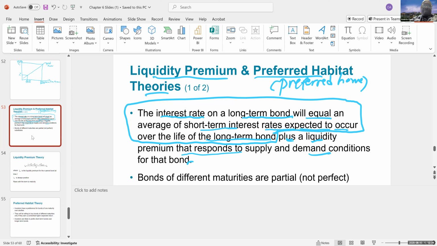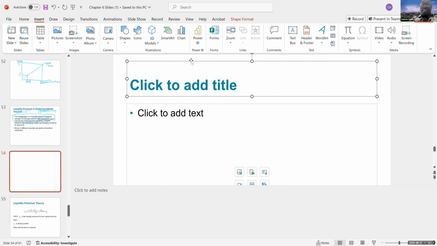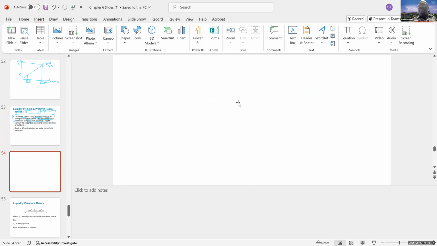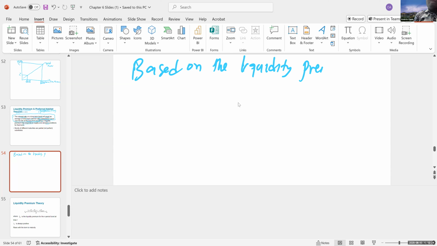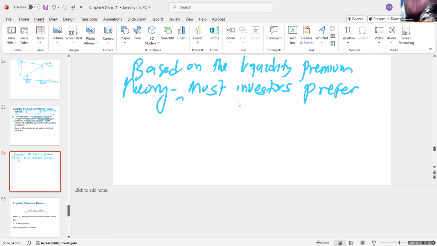So according to the liquidity premium theory, most investors want to invest in what? In a short-term bond market, right? Based on the liquidity premium theory, most investors prefer short-term bonds over long-term bonds.